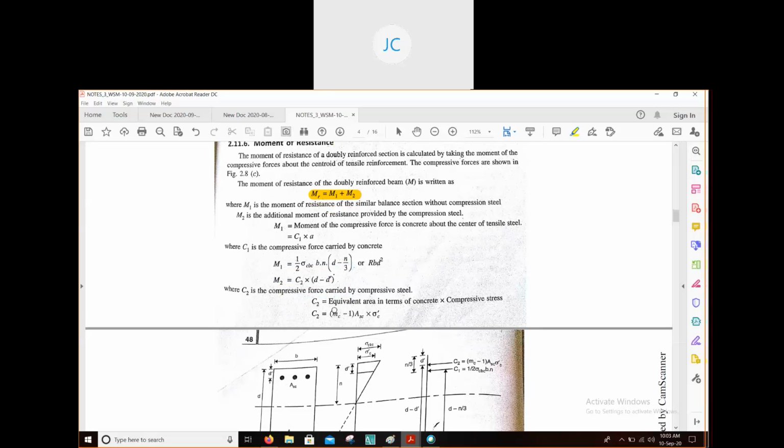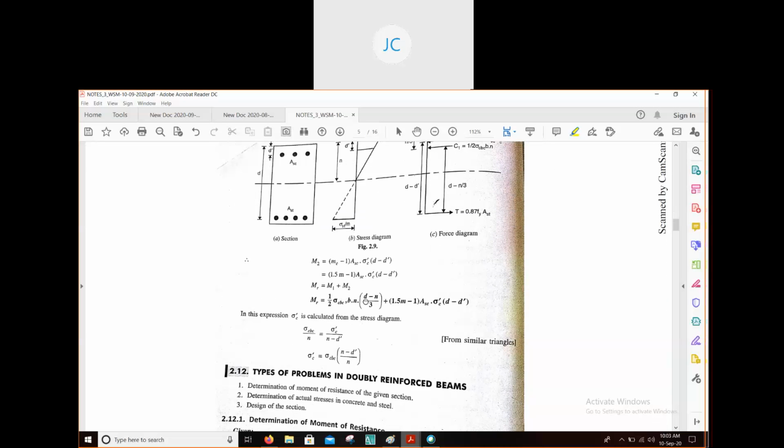So the formula for moment of resistance is M1, this formula, plus this value. You see here, MR equals M1 plus M2. These are some simple derivations. No need to remember these derivations. We only need to remember this formula.